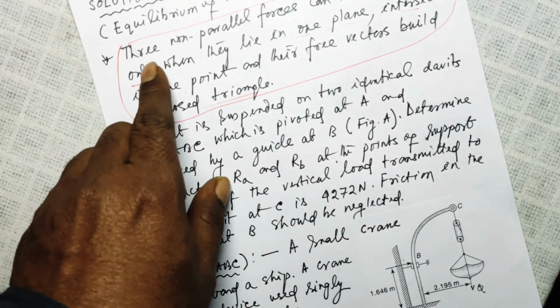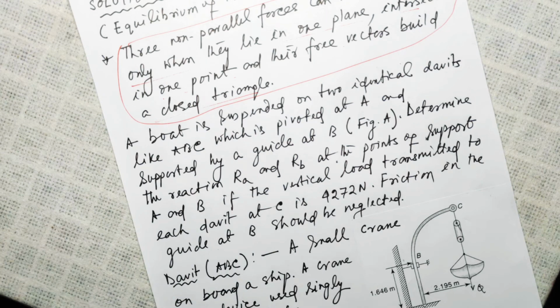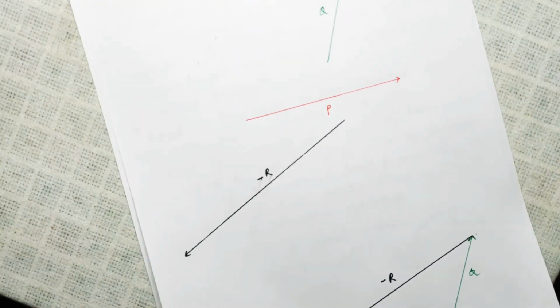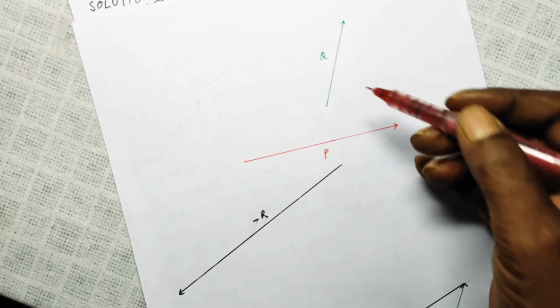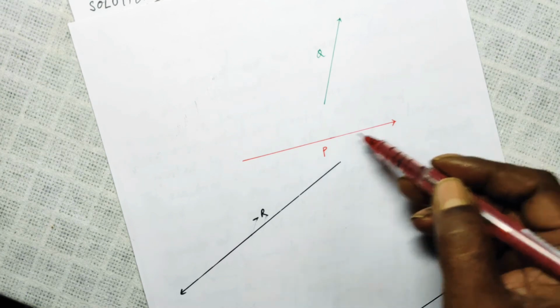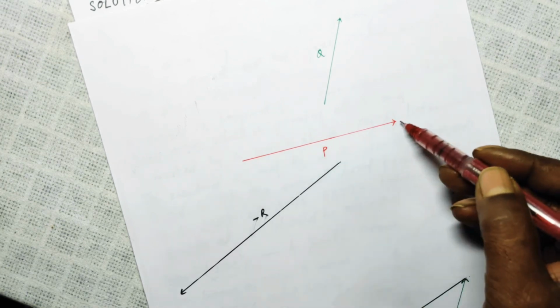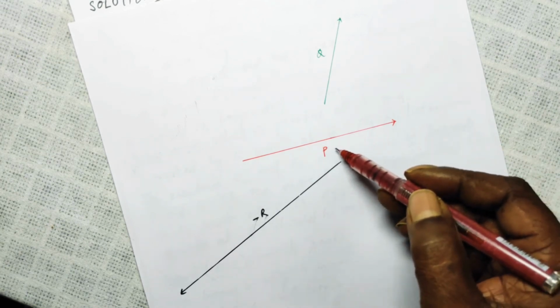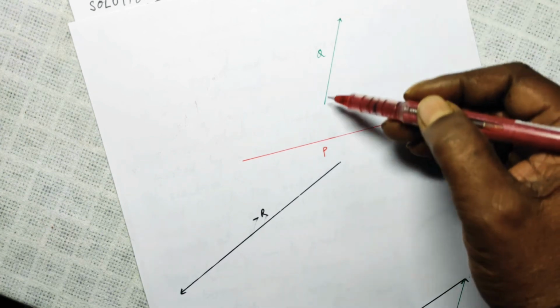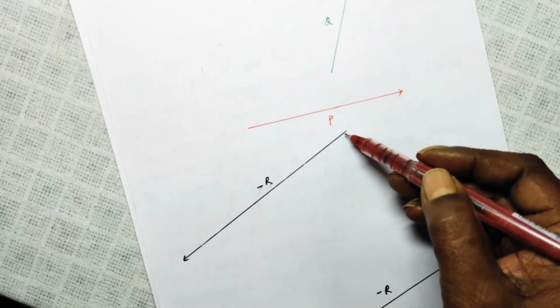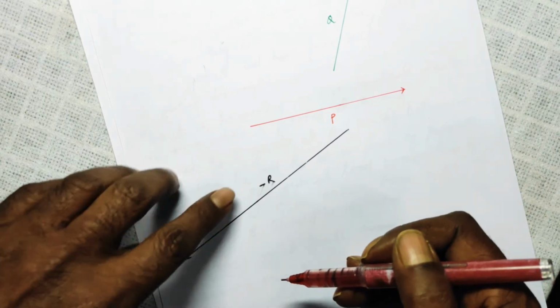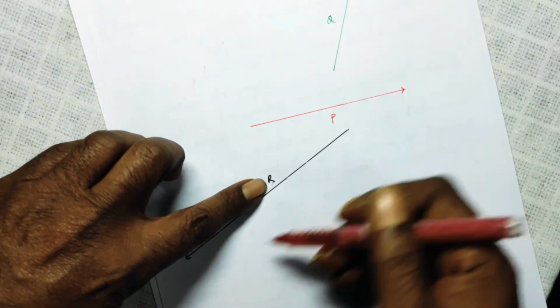So as it is mentioned here, three non-parallel forces. I have taken three non-parallel forces. Let me show you here. If you look here, this length of the line is the vector representing a force P. This is representing a force Q, and this is representing a force R, let's say R to this side.